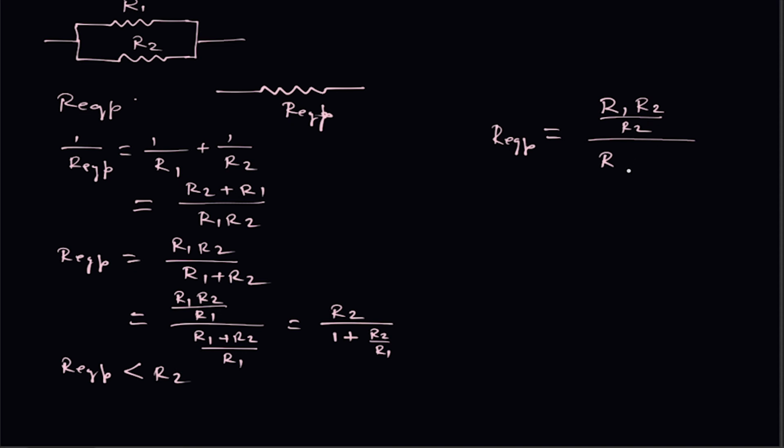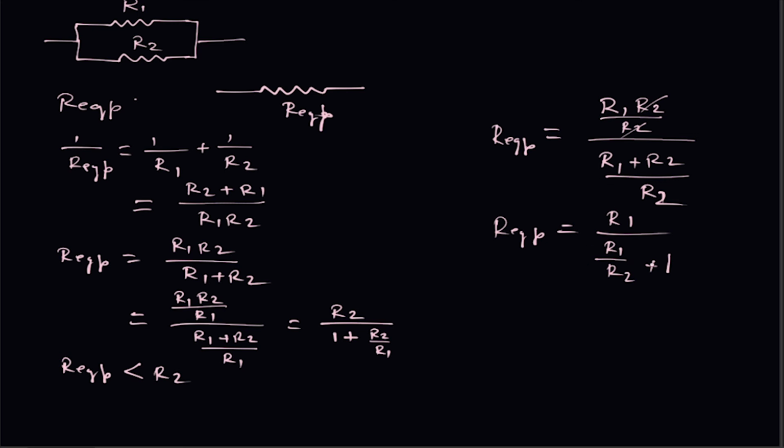To keep the value the same, we have to divide both numerator and denominator by the same number. So R EQP is equal to, R2 will cancel, in the numerator R1, and in the denominator R1 divided by R2 plus R2 by R2, which is 1.